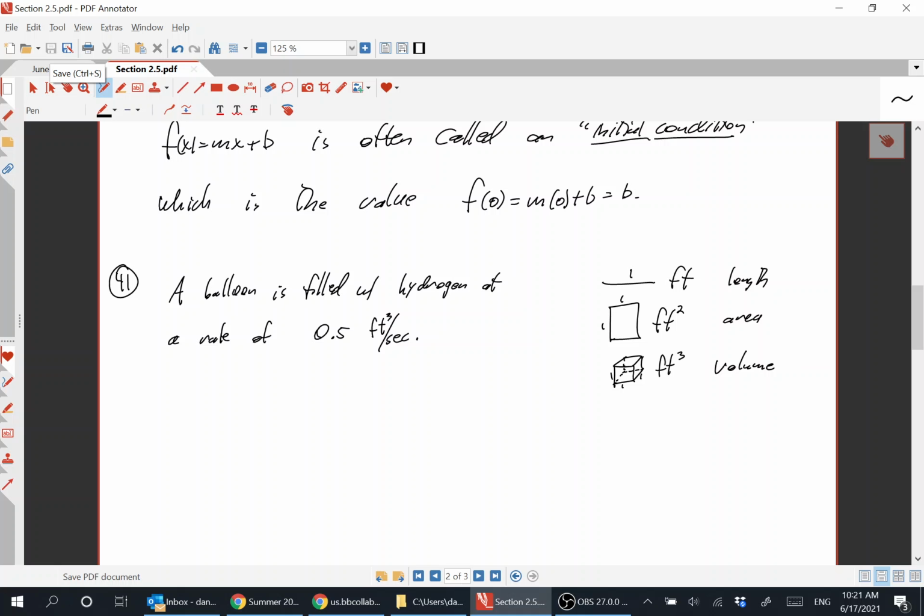So the balloon is filled with hydrogen at a rate of 1/2 a foot cubed per second. Initially, the balloon contains 2 foot cubed of hydrogen.